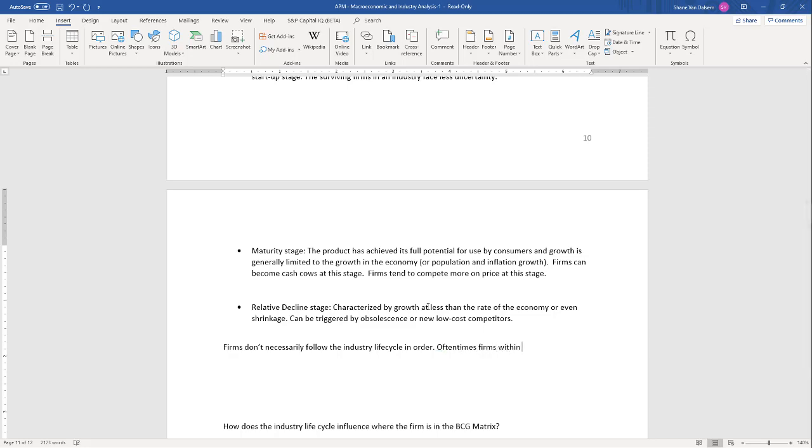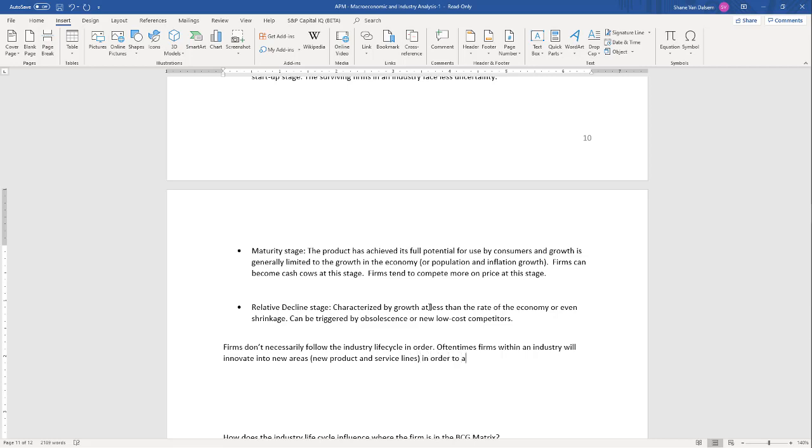within an industry will innovate into new areas, new product and service lines in order to avoid the relative decline stage.